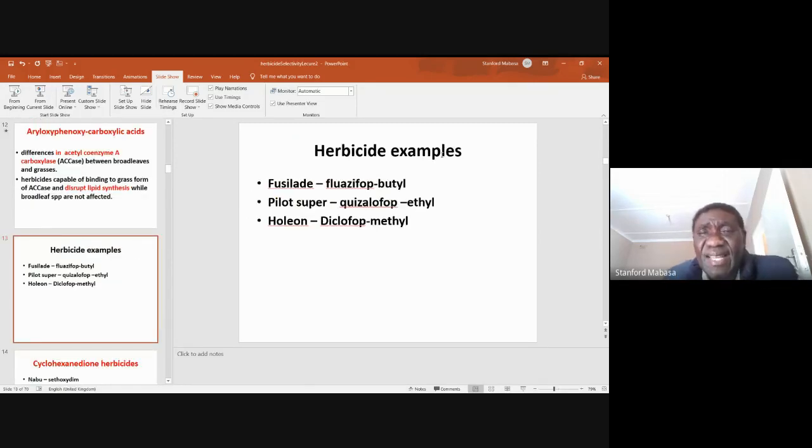Here I've got herbicide examples. We have got Fusilade, which is normally applied in soybeans or groundnuts to kill grasses. The other name for Fusilade is fluazifop-butyl.